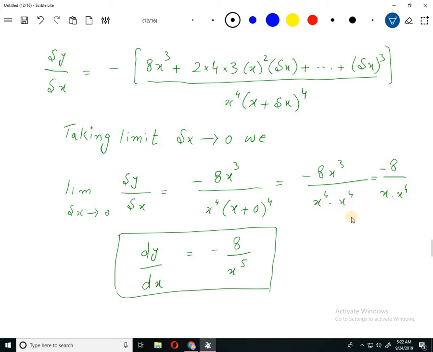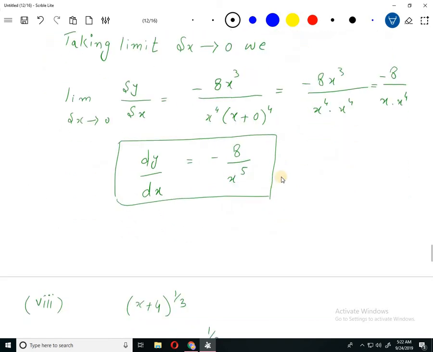Now I can simplify this one, and then after simplification this is my final answer.